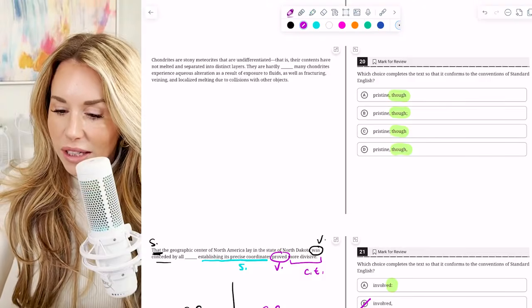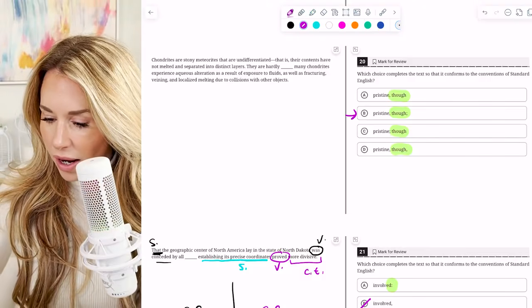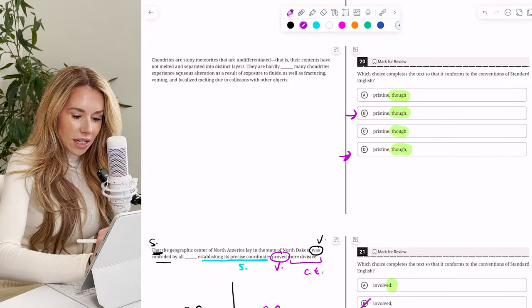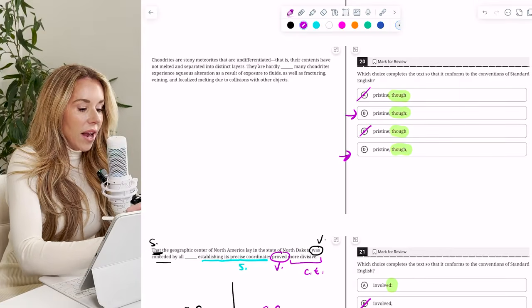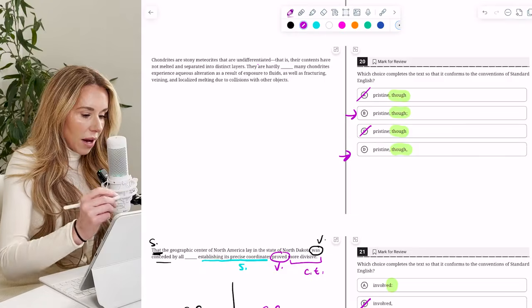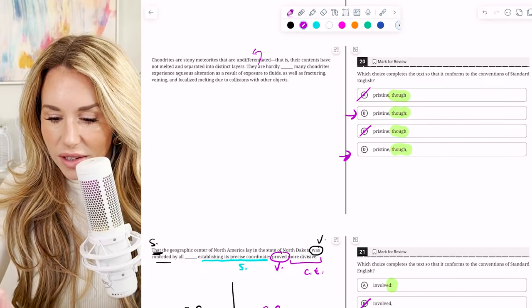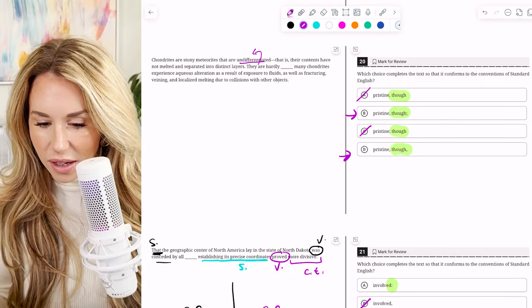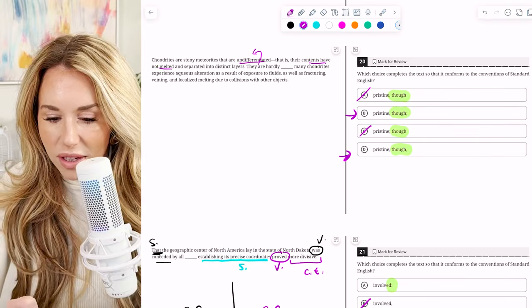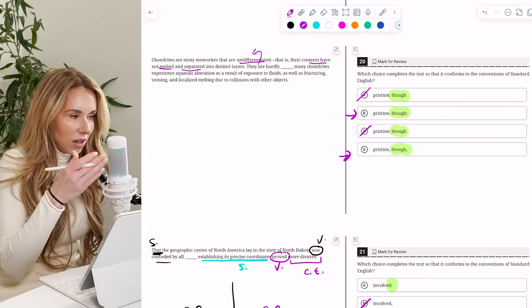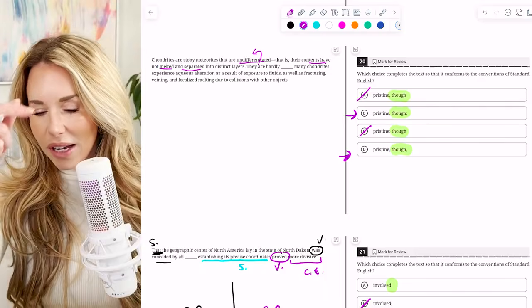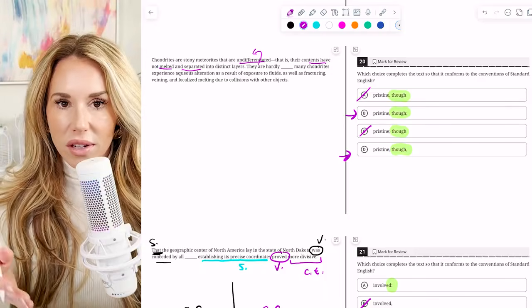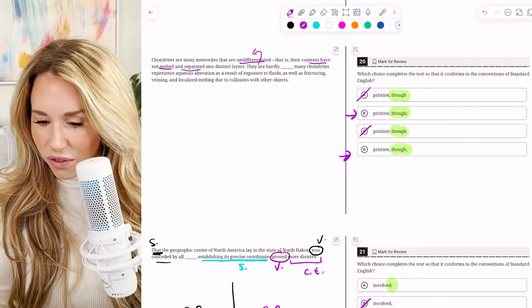So I'm already leaning towards B or D, not C or A, because "they are hardly pristine, though" is contrasting with the first sentence, the fact that they are undifferentiated and their contents have not melted and separated. So even though they have not melted and separated, they're not pristine. So that's where the contrast is at. So the "though" needs to go in the second sentence to contrast with the first.